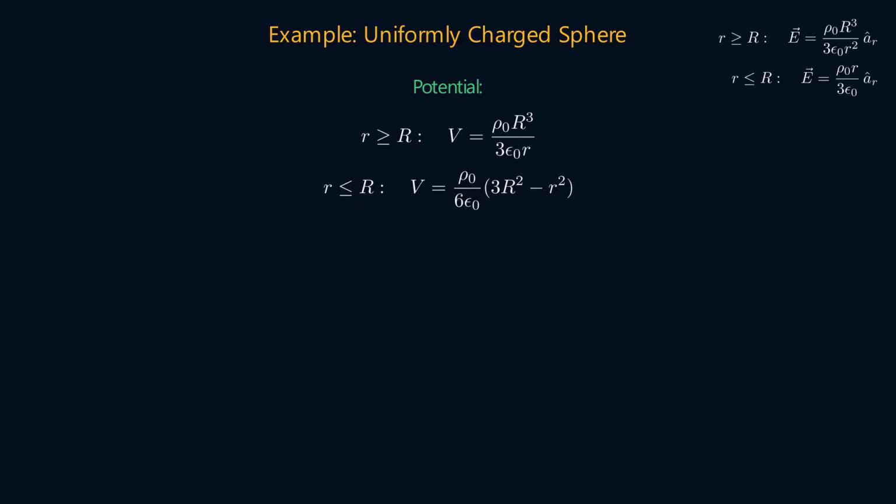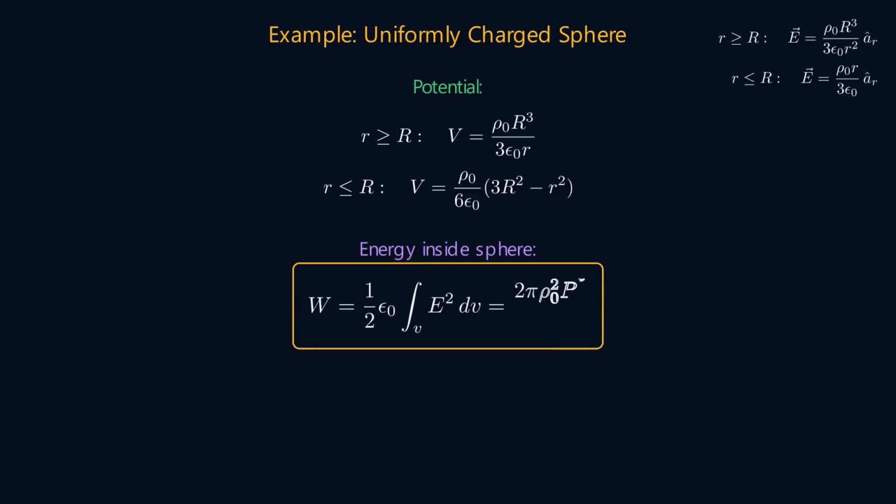For the potential outside, V equals rho_0 a cubed divided by 3 epsilon 0 r. Inside, requiring continuity at r equals a, V equals rho_0 divided by 6 epsilon 0 times 3a squared minus r squared.